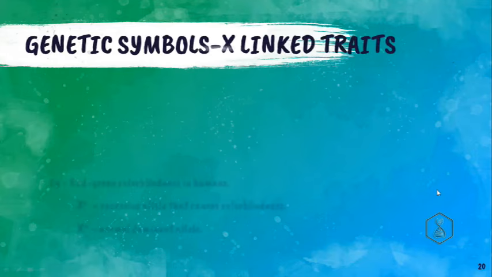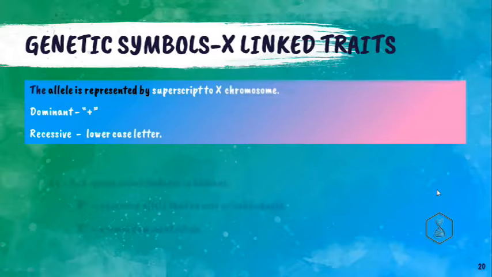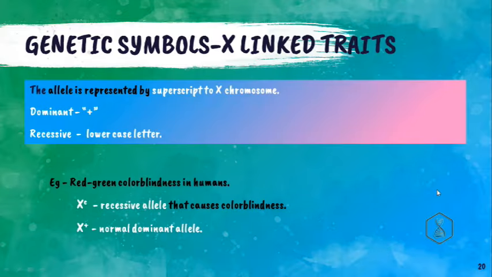Next, how can we represent the X-linked traits? For X-linked traits also, the allele is represented by superscript to the X chromosome. Here also, dominant allele is represented by plus symbol and recessive by lowercase letter.